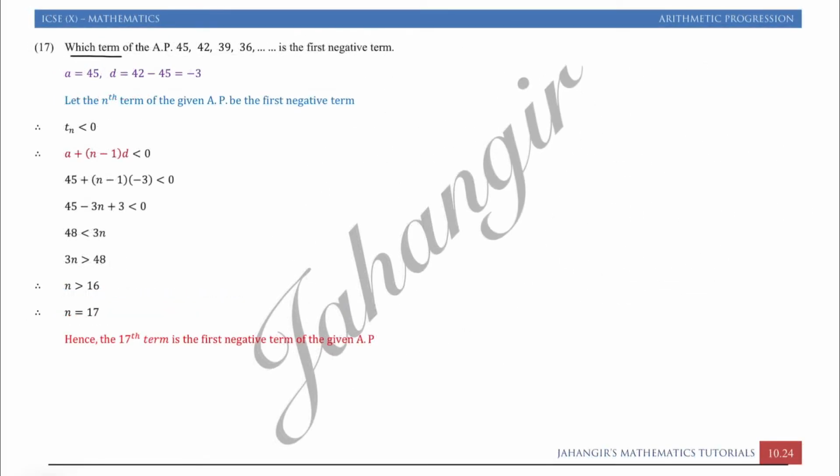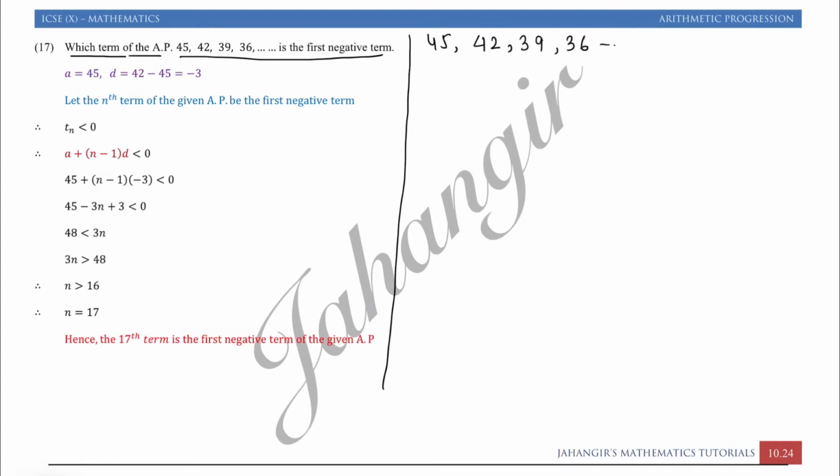Question 17. Which term of the AP is the first negative term? You have to find, if this sequence is in decreasing order, which term will be the first negative term. So let us check. See, let us write sequence 45, 42, 39, 36 and so on.